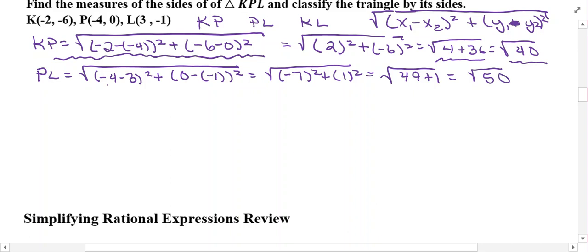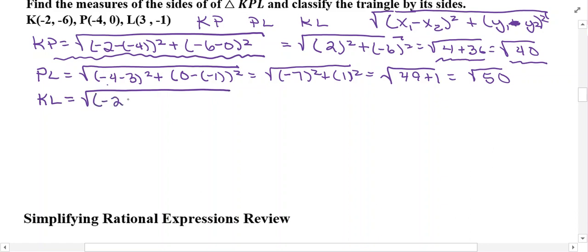Which will give us radical 50. I want you to leave them without putting them in the calculator and getting a rounded answer. In Unit 5 we will work on simplifying radicals.